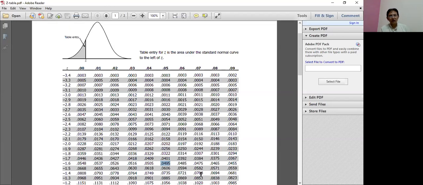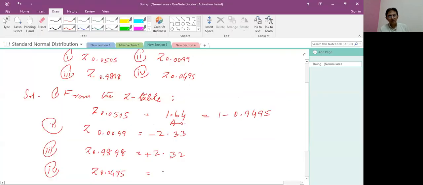So 0.0495 represents here the value of z, it is negative. So we come back, minus 1.65. So these are the answers.